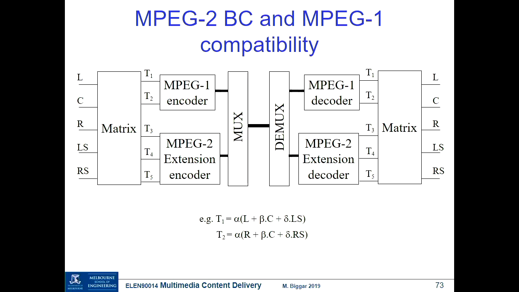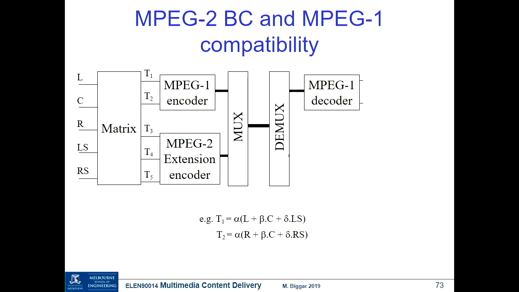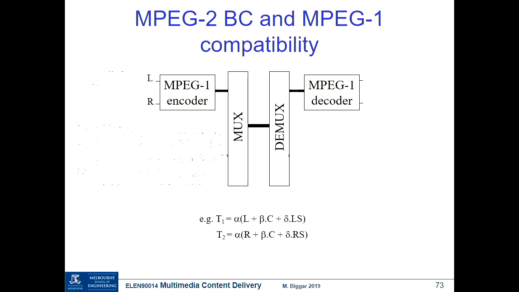You had the 5 channels in. You could encode these two main channels as an MPEG-1 stereo pair. Then there's the extension coder. Then, of course, a directly aligned decoder could take those channels and reconstruct the surround sound. But also, we would be able to pull off just the 2 main channels if we only had an MPEG-1 decoder.